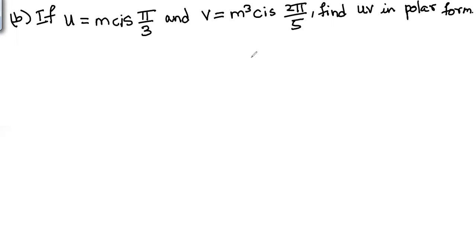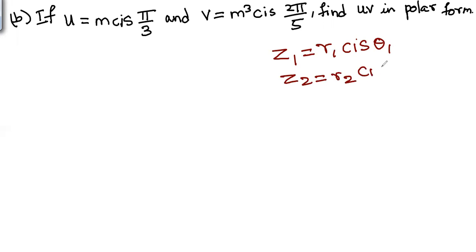For that, we need to know one rule: z1 is equal to r1 cis theta 1, and z2 is equal to r2 cis theta 2. So your u can be r1 cis theta 1 and v is r2 cis theta 2, which will be z2.